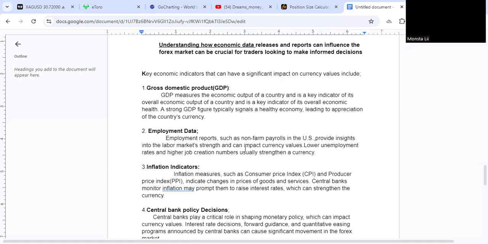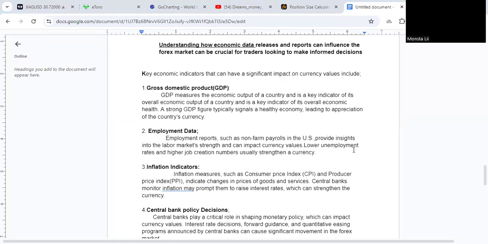Lower unemployment rates and higher job creation numbers usually strengthen a currency, right? So employment is a very, very important thing, because if a country has a good employment rate, that means the currency is very good.